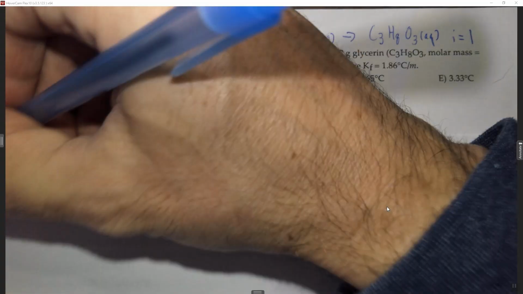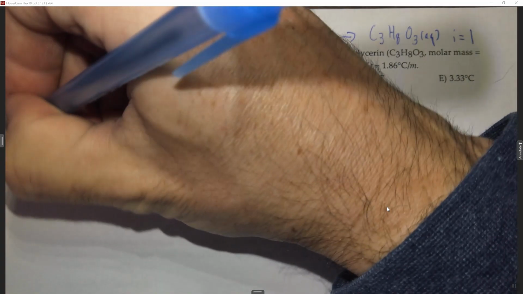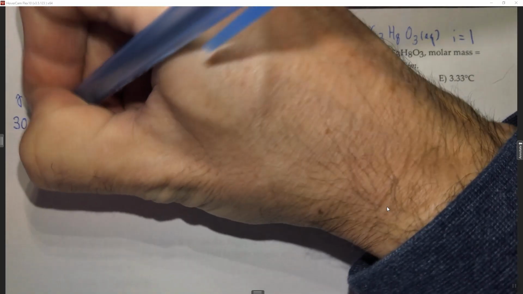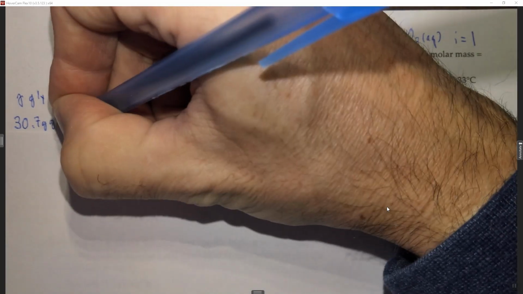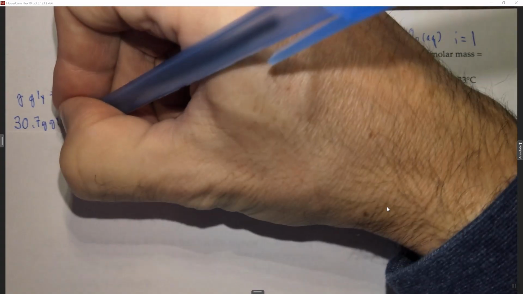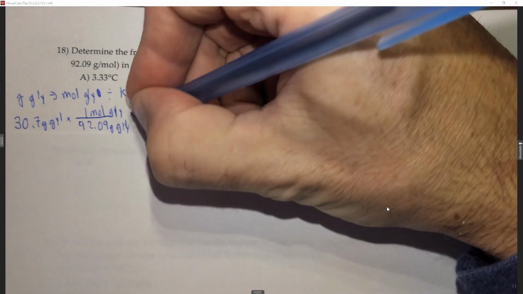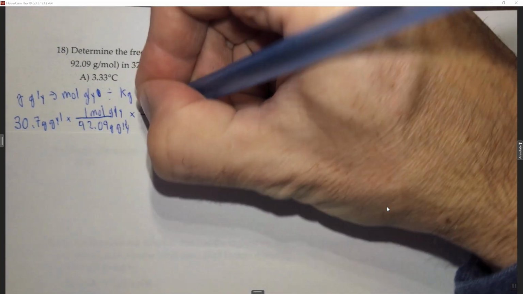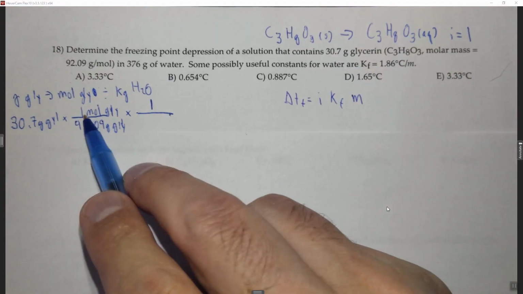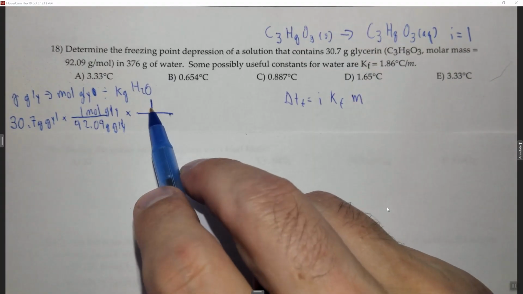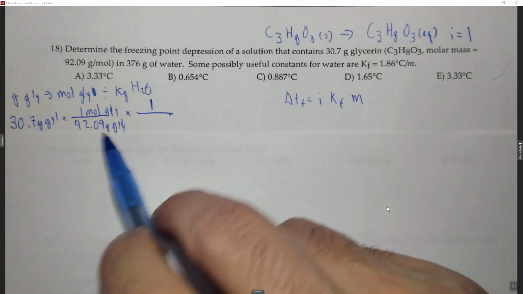So starting with 30.7 grams of glycerin times, put the molar mass on the bottom, in this case 92.09 grams of glycerin on the bottom, 1 mole of glycerin on the top, times. Now just like we did before, we put a unitless 1 here. This moves the mole of glycerin over.